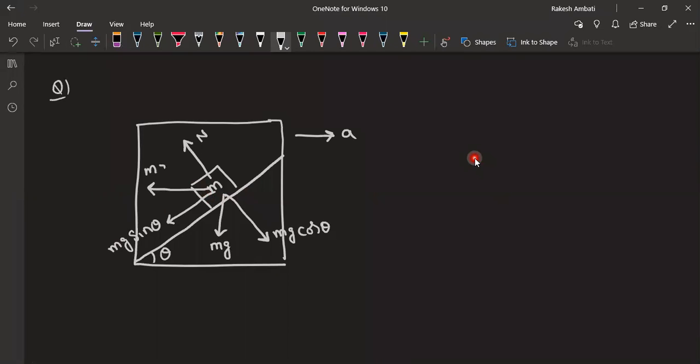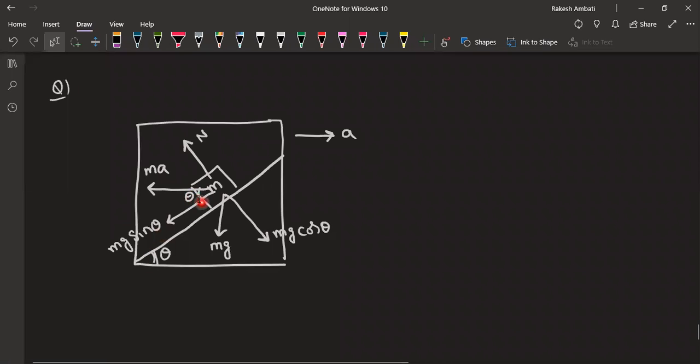This pseudo force is m into the acceleration of the frame, so the pseudo force is ma. If this angle is theta, then this angle is also equal to theta.